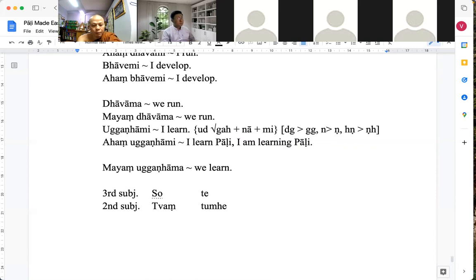And then, so first person subject. So singular is aham, plural is mayam. So, the doam, dome, aham, and the mayam. So with every verb, we can use these personal pronouns.